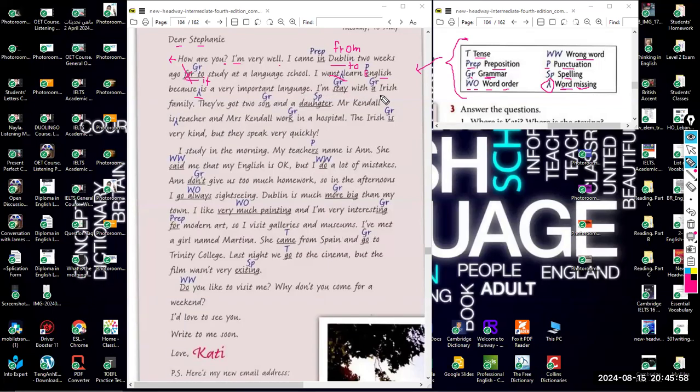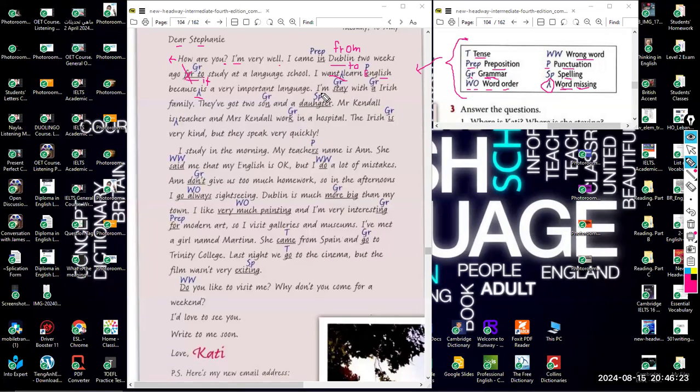Stay with a Irish family. Right, I'm staying with an Irish family. I still don't know the mistake. This is about the grammar mistake. I'm staying.